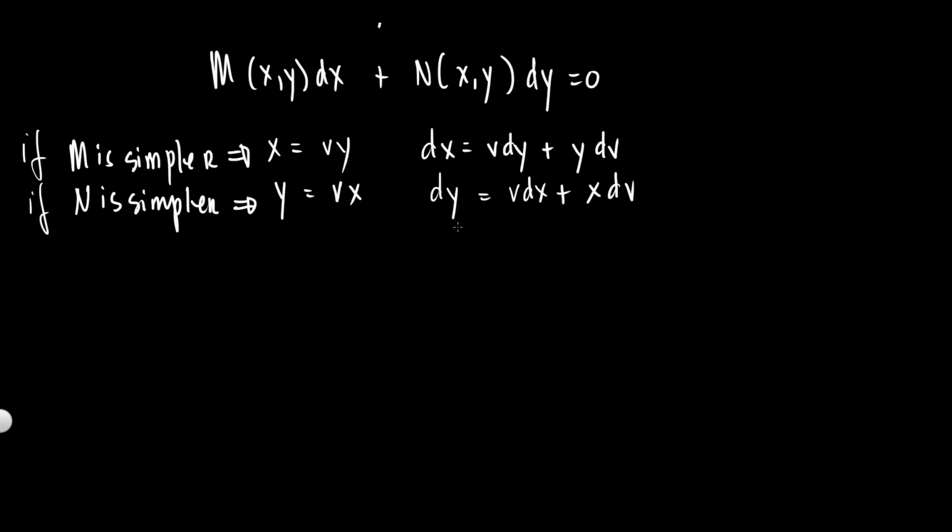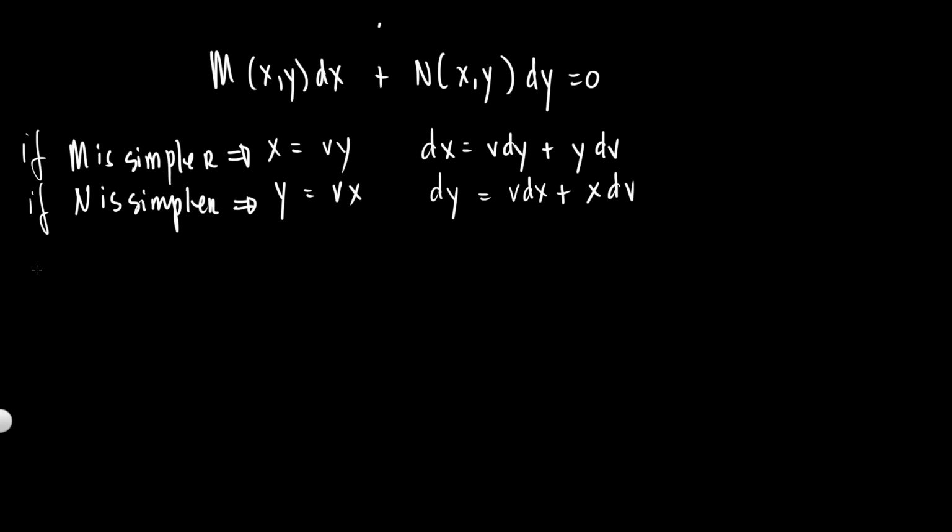Differentiating, we have dy equals v dx plus x dv. Okay? So, gagamitin natin to. Ito yung ating magiging substitution. Then, saka natin ibalik sa original bago mag-final answer, yung ating sinubstitute.